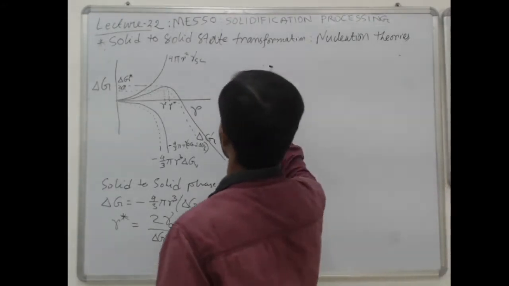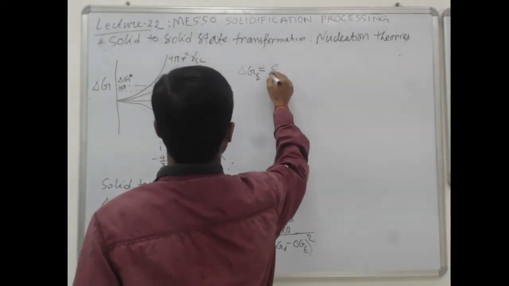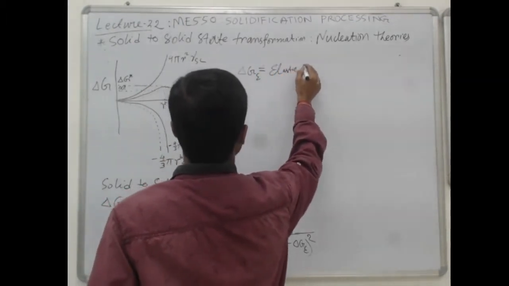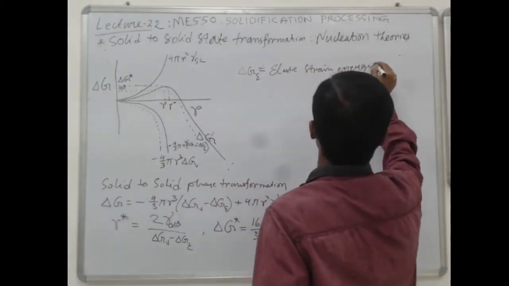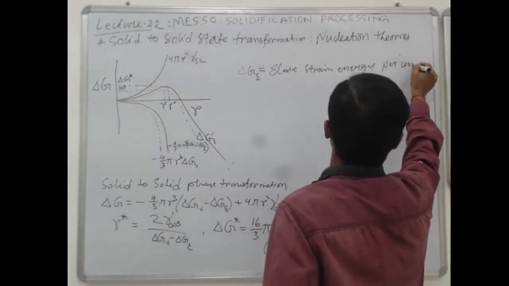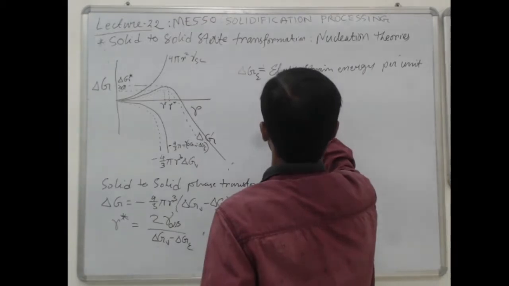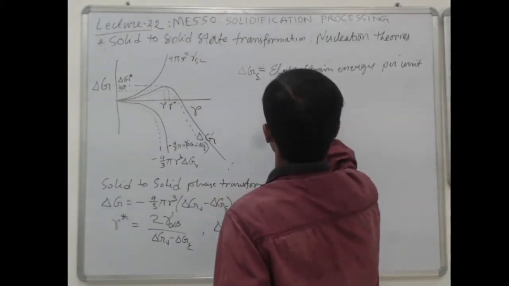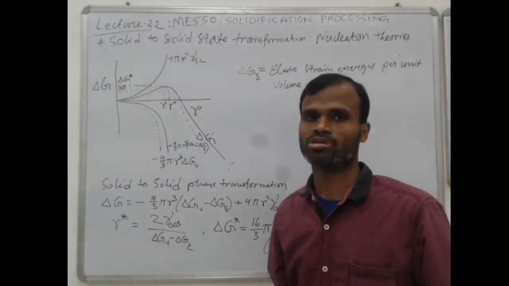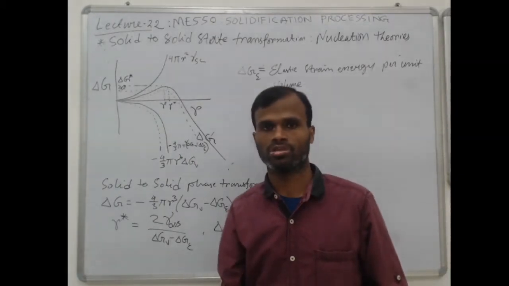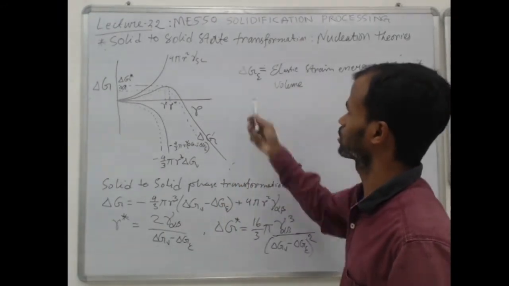So this delta G E term, we know, is the elastic strain energy per unit volume. If you see different books, you will find different relationships which describe this term.